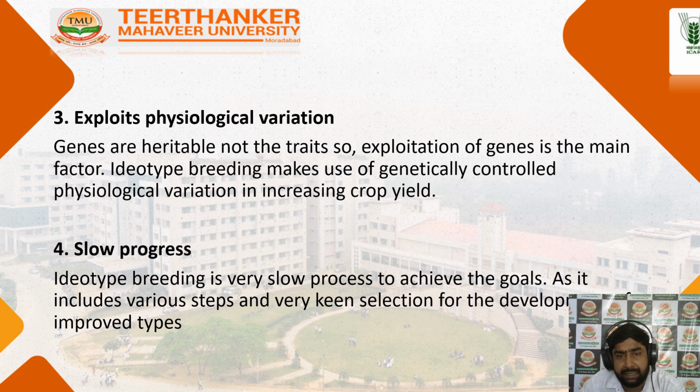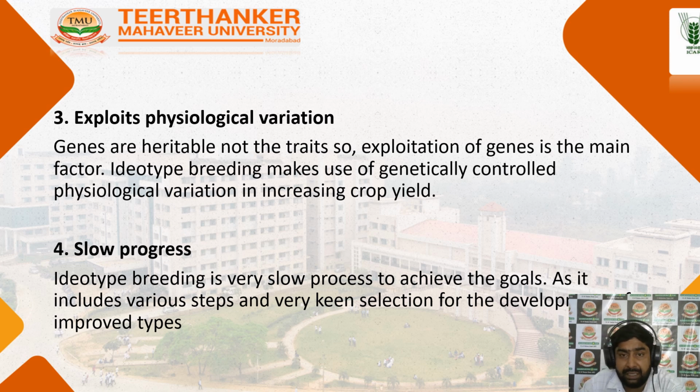Number three is exploits physiological variation, and number four is slow progress. Genes are heritable traits, so exploitation of genes is the main factor. Ideotype breeding makes use of genetically controlled physiological variation in increasing crop yield.